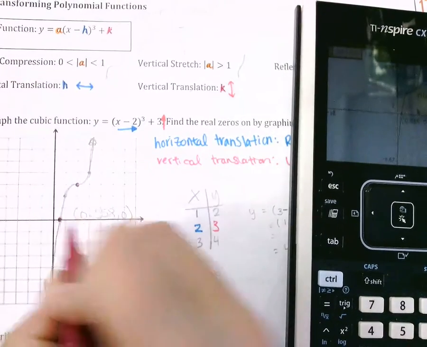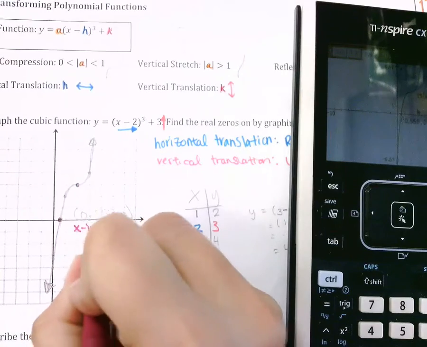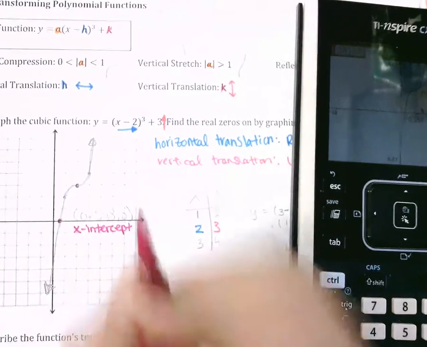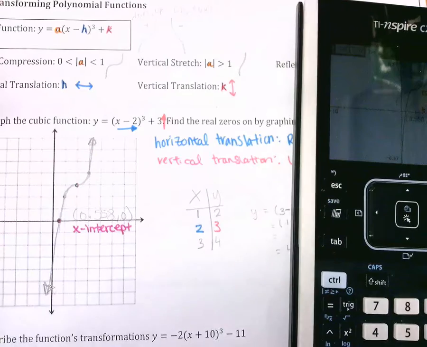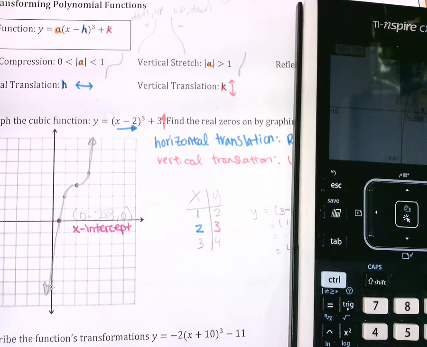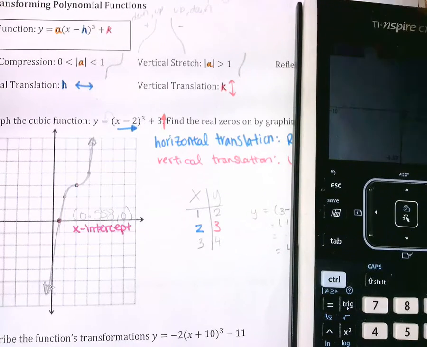So another way of calling that point, especially when we're referring to that point on our graph, is an x-intercept. That's a better way of naming that point because we're talking about it on a graph. So a real zero could just be a real zero of an equation, but an x-intercept is specifically where your graph is going to touch your x-axis. We would find them the same way algebraically, which we're going to do a little bit later.